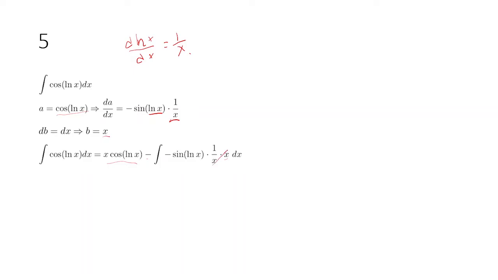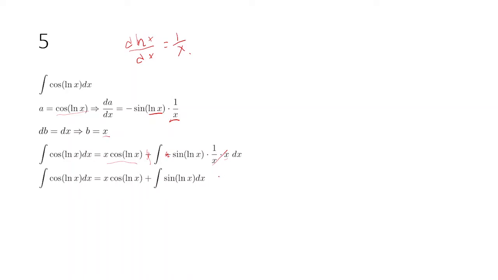So we can cancel these x's out, and we can see that these are two negative signs, so we can just make this positive. So the integral of the cosine of ln x with respect to x is equal to x cosine of ln x plus the integral of the sine of ln x with respect to x.